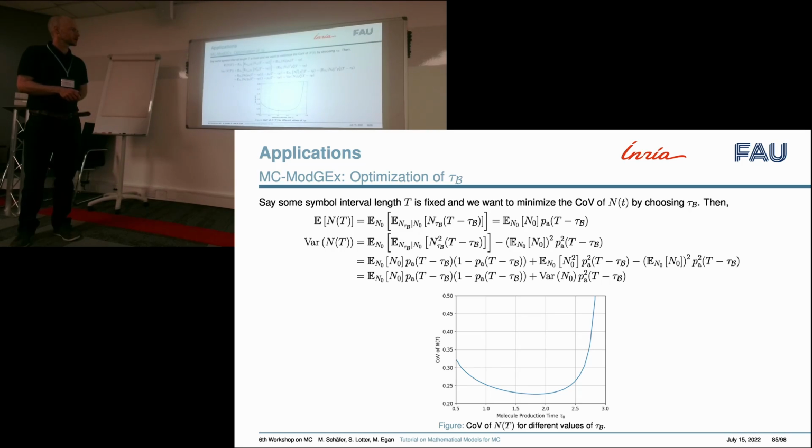So if we evaluated these expressions here for some set of parameters, we would, for example, observe these coefficients of variation. Having this analysis, we could, for example, choose some value tau b around this part here to minimize the coefficient of variation.